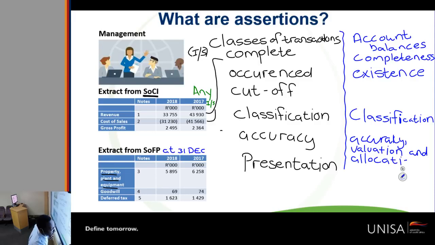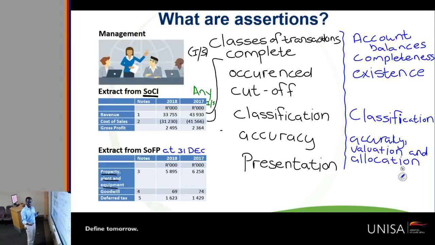This is also different from our statement of comprehensive income because our balance sheet values aren't just one transaction amount. So for class of transactions, you'd want to know that that transaction is accurately calculated. But for our balances, you'd want to know whether the amount is correctly valued.